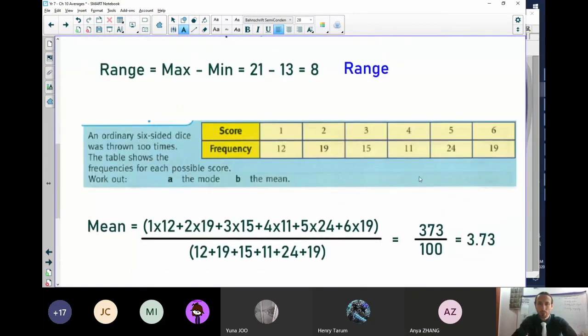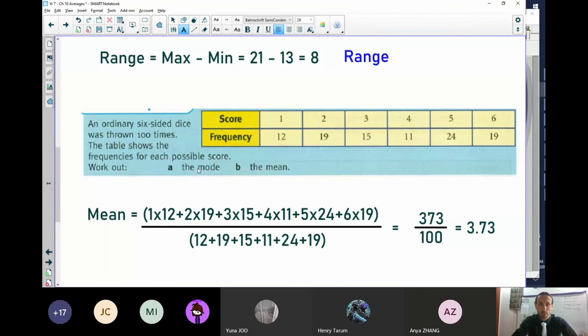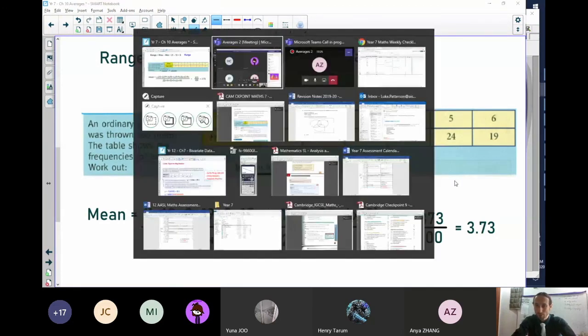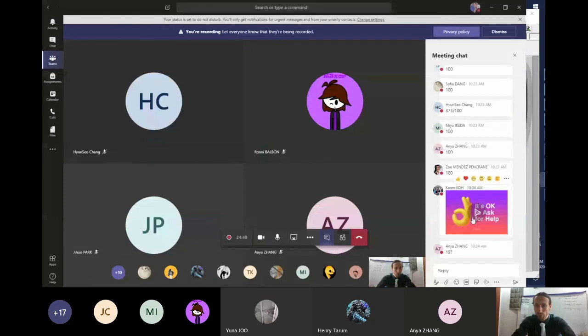What about the mode? So we've got the mean. What about the mode? Which one's the most frequent? Now there's the key, the most frequent. So here's our frequency. Now we're looking for the one that's got the highest frequency. And the one with the highest frequency is 5.